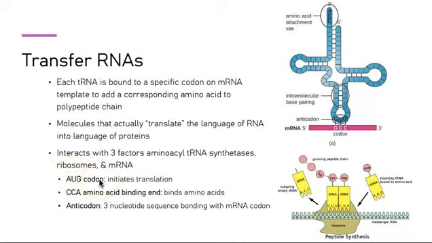So that is going to code for methionine and initiate translation. We also have a CCA amino acid binding end. You can see that right up over here. That is specifically going to bind the amino acids. And then we've already talked about the anticodon.